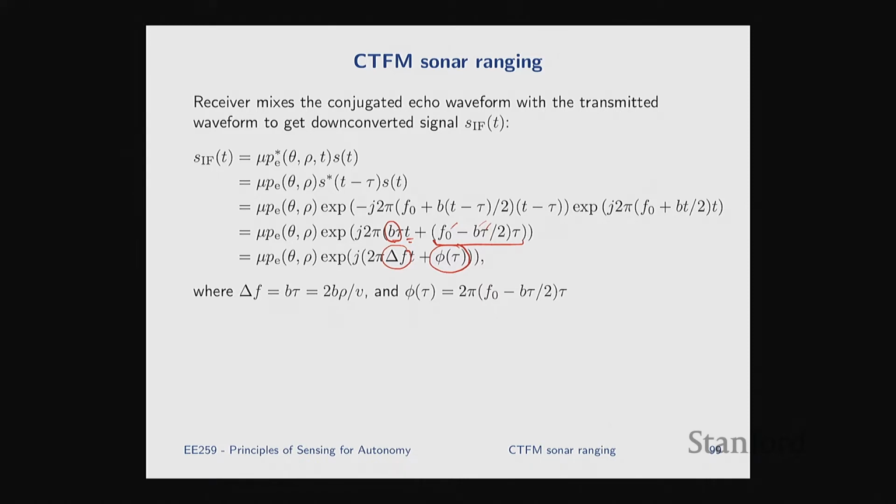And so we see that this SIF, the intermediate frequency signal that's coming out of the mixer, exactly has the property that we want. It's basically the time dependency of it. If you ignore everything else that is not time dependent, like the echo amplitude and that constant phase, the SIF of t is proportional to e to the j2 pi delta f t, which is exactly what we want.